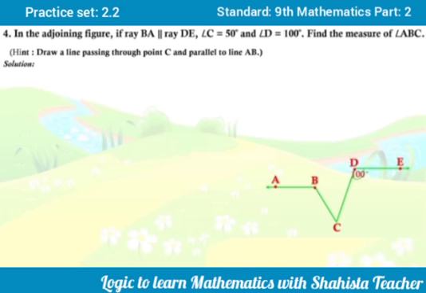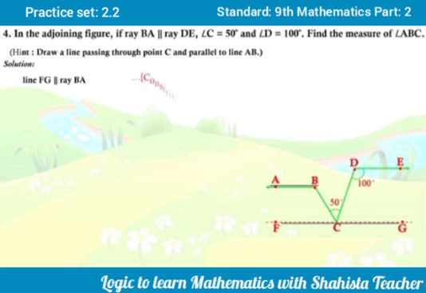Now angle D is 100 degrees, angle C is 50 degrees. Now we have to draw a line F G passing through point C which is parallel to AB. So line FG is parallel to BA, that means AB.